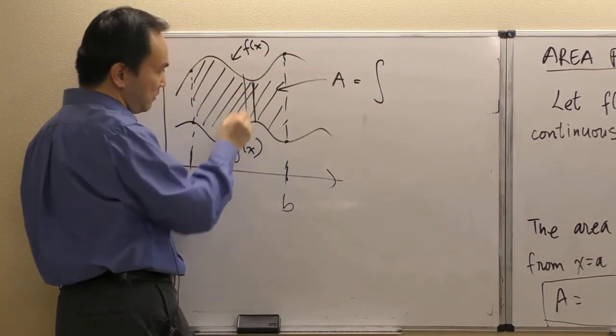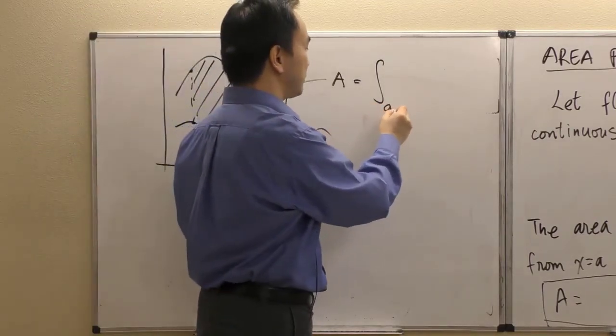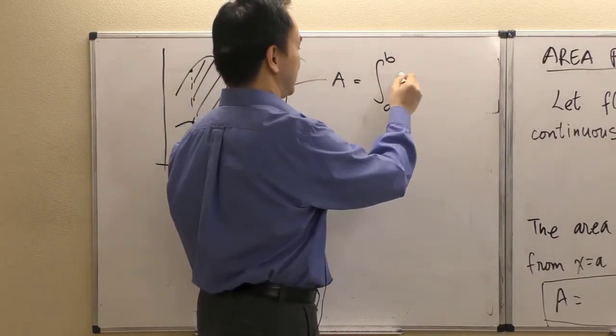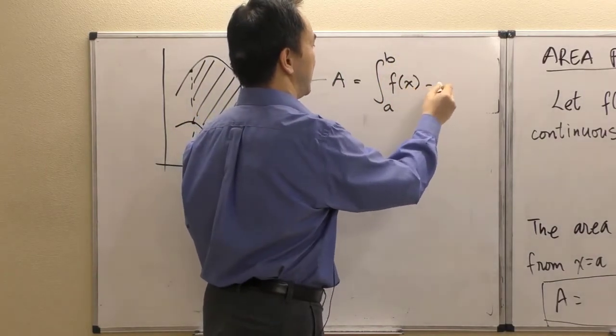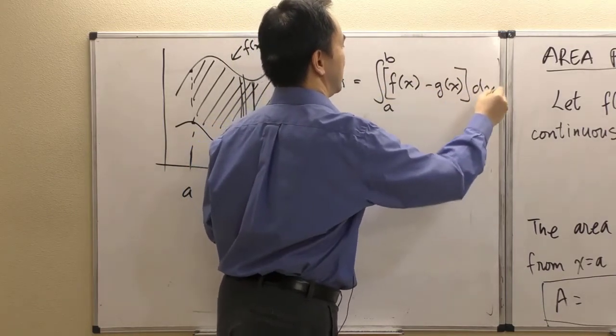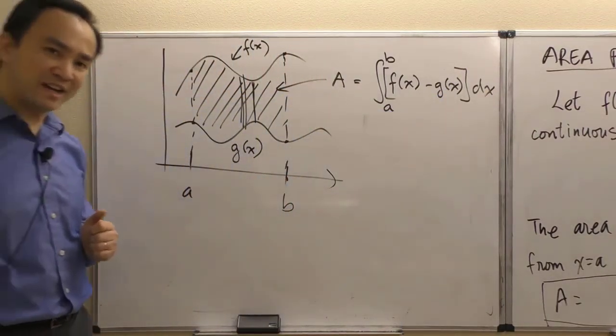See, stripes all over, long stripes, short stripes. But it's the accumulation of all the vertical stripes from a to b, and we're taking f of x minus g of x, dx. And that's how we're doing it. All right, and that will get us the exact answer.